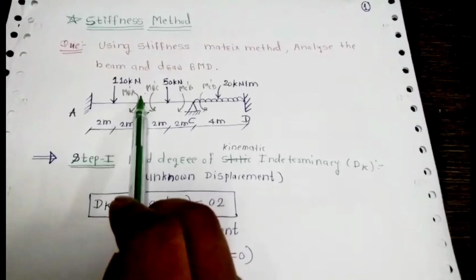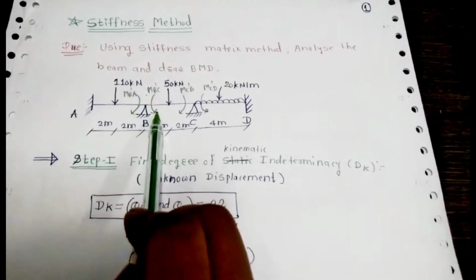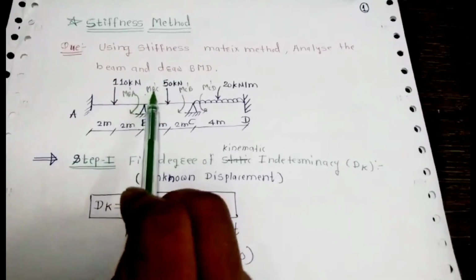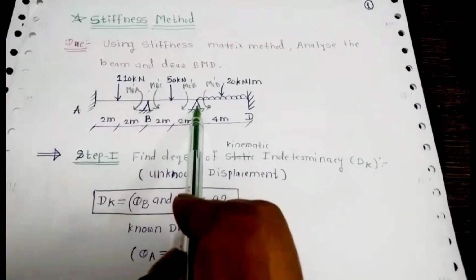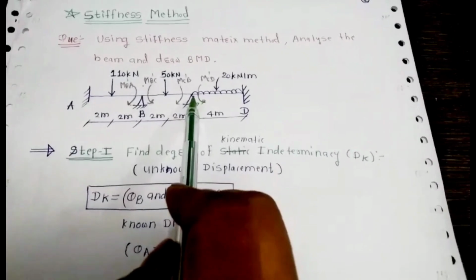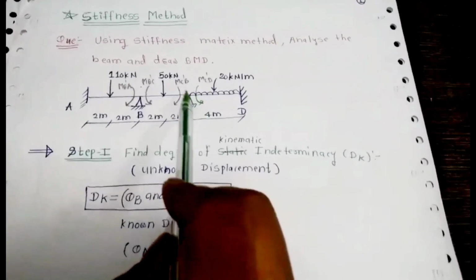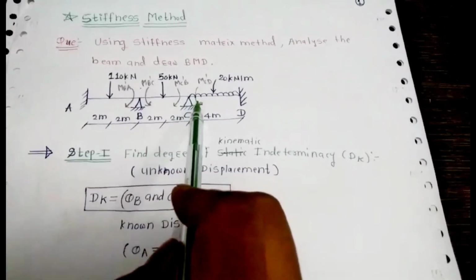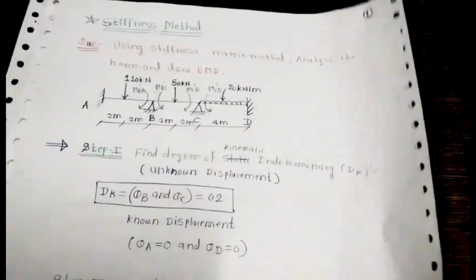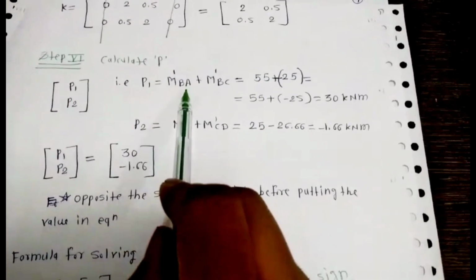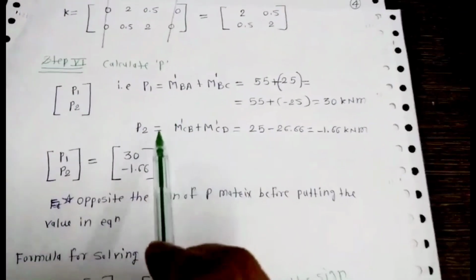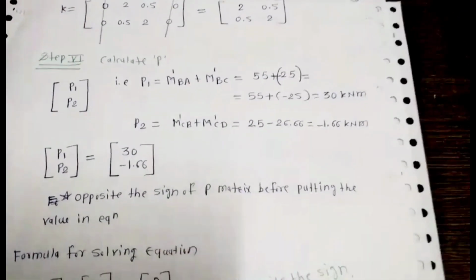P1 is the summation of fixed end moments at the first coordinate, that is MBA dash and MBC dash, and P2 is the summation of fixed end moments at the second coordinate, that is at C, MCB dash plus MCD dash.